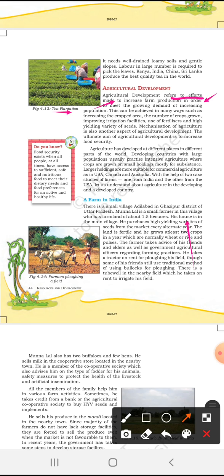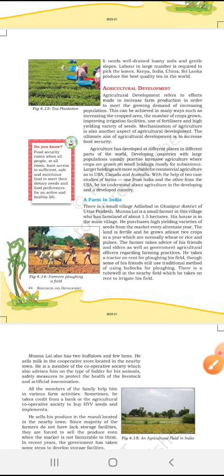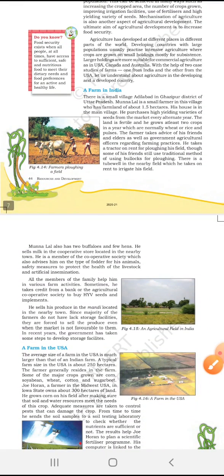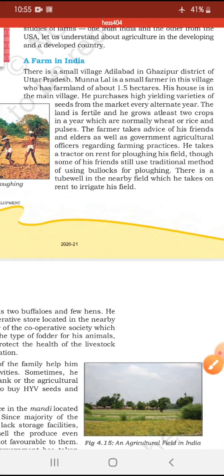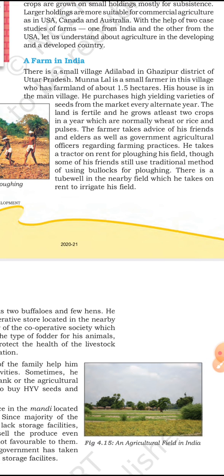Fine, let's talk about a farm in India. There is a small village, Adilabad, in Ghazipur district of Uttar Pradesh. Munna Lal is a farmer in this village who has farmland of about 1.5 hectares.